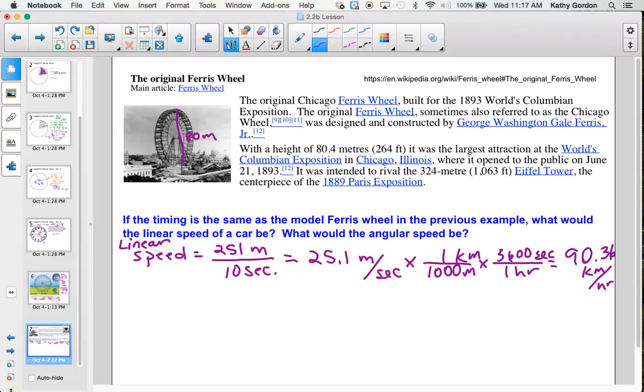So what would angular speed be in this case? How much of an angle did we go through with the original?